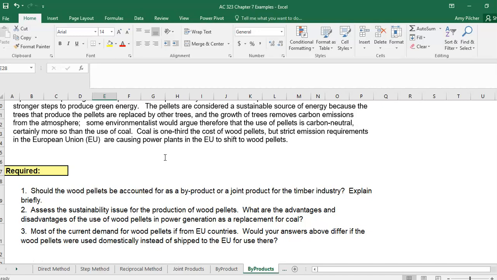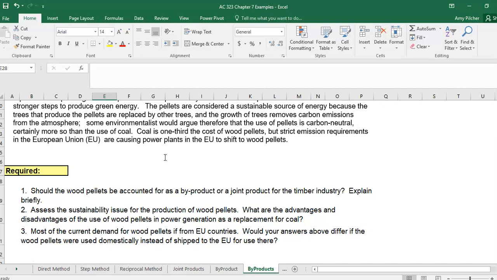So when we talk about sustainability versus climate change versus global issue, then we have to say which is better, coal, which is not sustainable like wood is because we can't replant and grow more coal like we can grow more wood.